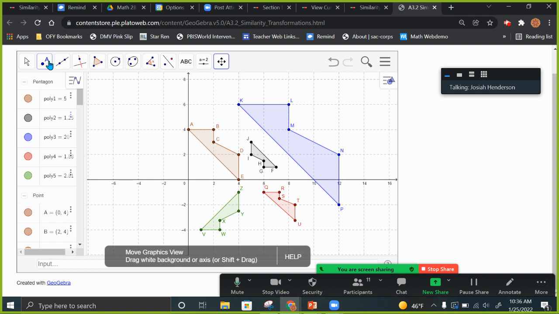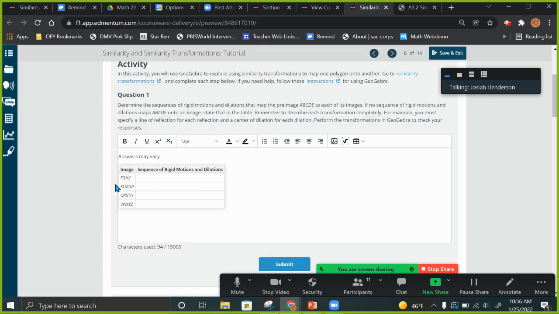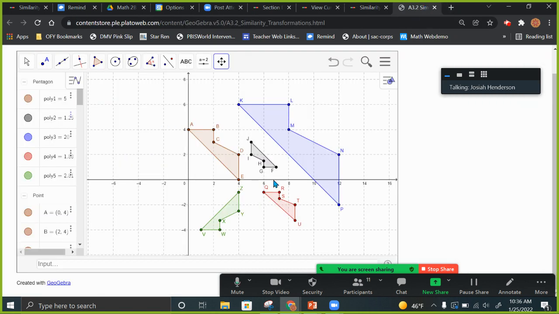So our first goal is to see if we can map A, B, C, D to this image F, G, H, I, J. And that's the small black one, F, G, H, I, J. So our first step every time we're doing these transformations is try to find a landmark, a point, a side or an angle, something that stands out to you that matches up.